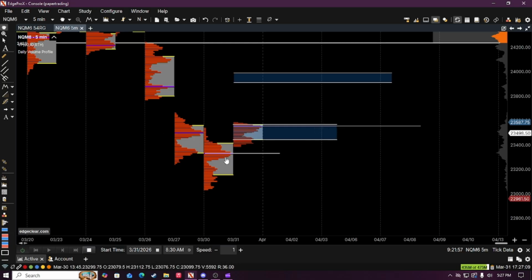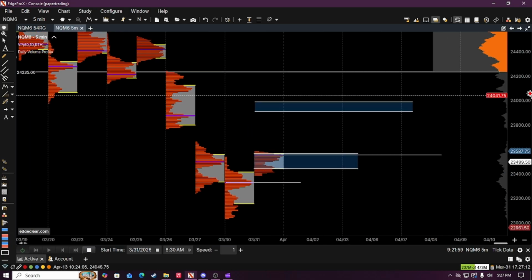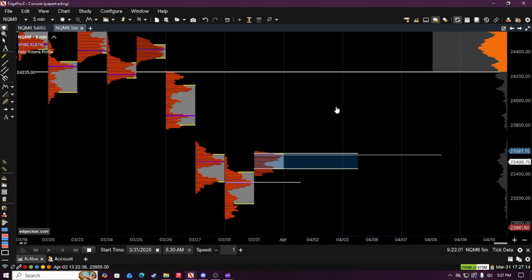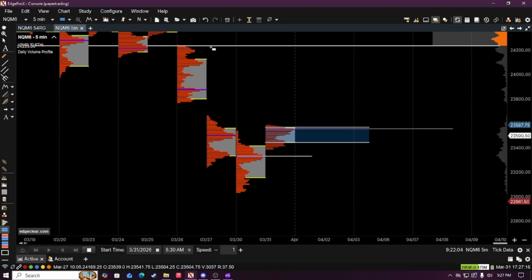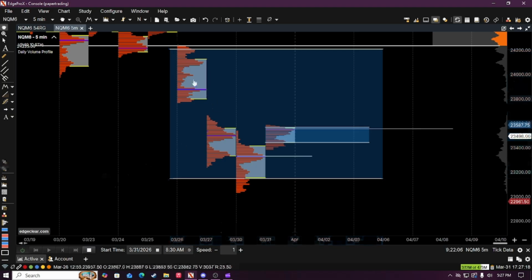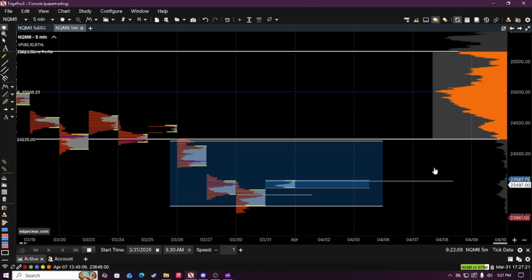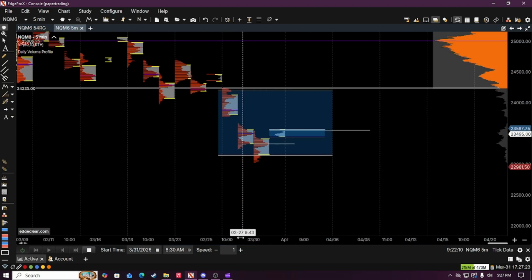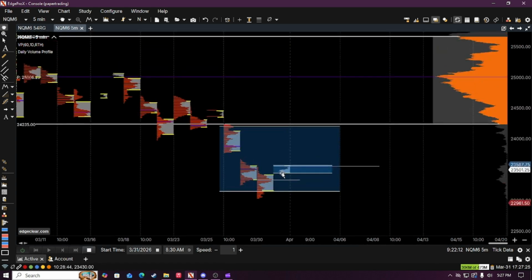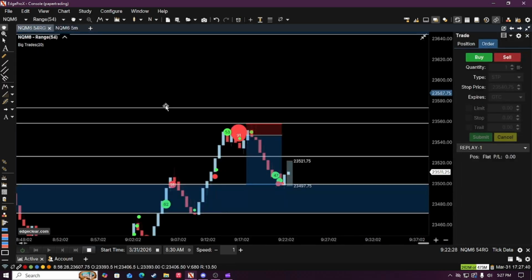This pretty much tells me that this movement that started on the 26th of March might be a failed auction here, because we're not going lower, we're going higher. Maybe we want to even test the point of control. So for the next days, I'm bullish.